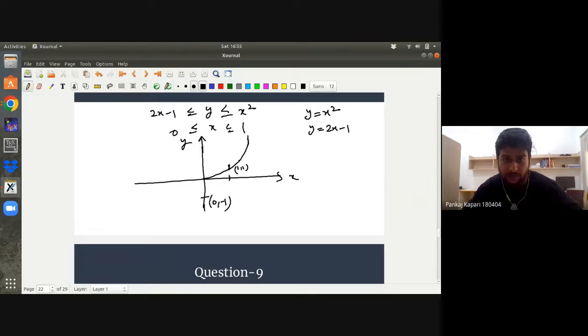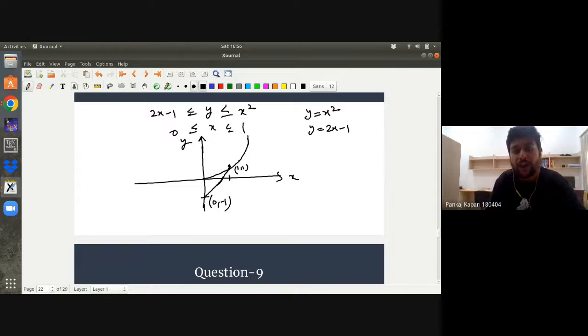So this is a line which passes through these two points. Okay, it's looking like a curve, but assume that this line is straight.